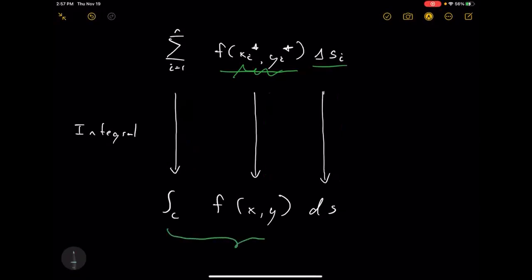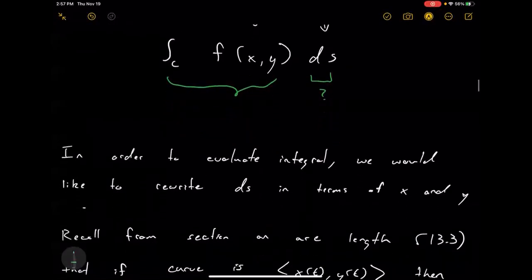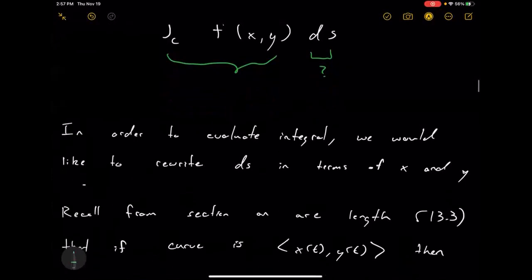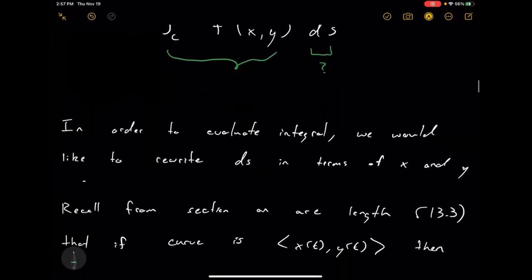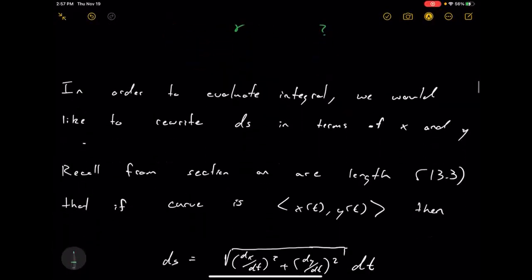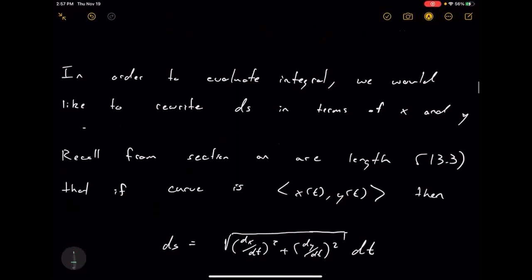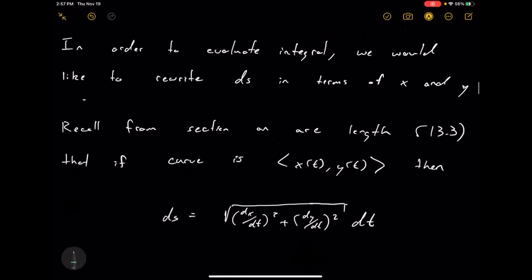I'm integrating along that curve and I'm integrating my function, but then the question is, okay, well, what is this ds? In order to evaluate these integrals, we'd like to be able to rewrite this ds in terms of x and y, right? And this is where our material from 13.3 comes in.